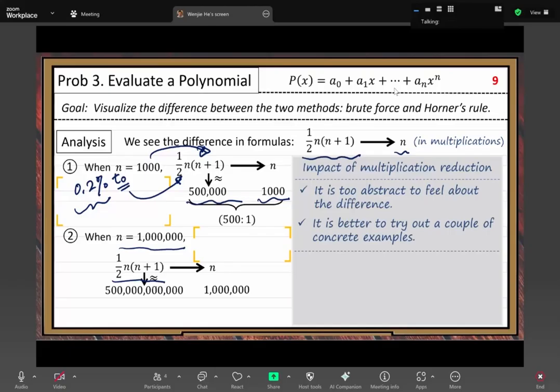Can you call it quickly? 500 billion, not trillion. Billion, not trillion. Yes, 500 billion. Then let's take the ratio to see what it is. 500,000 to 1 ratio.